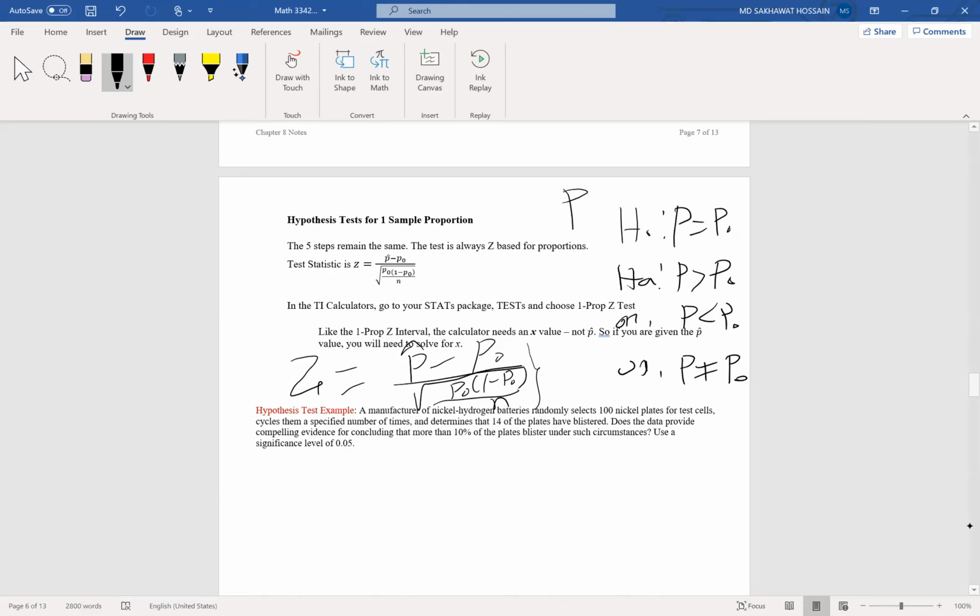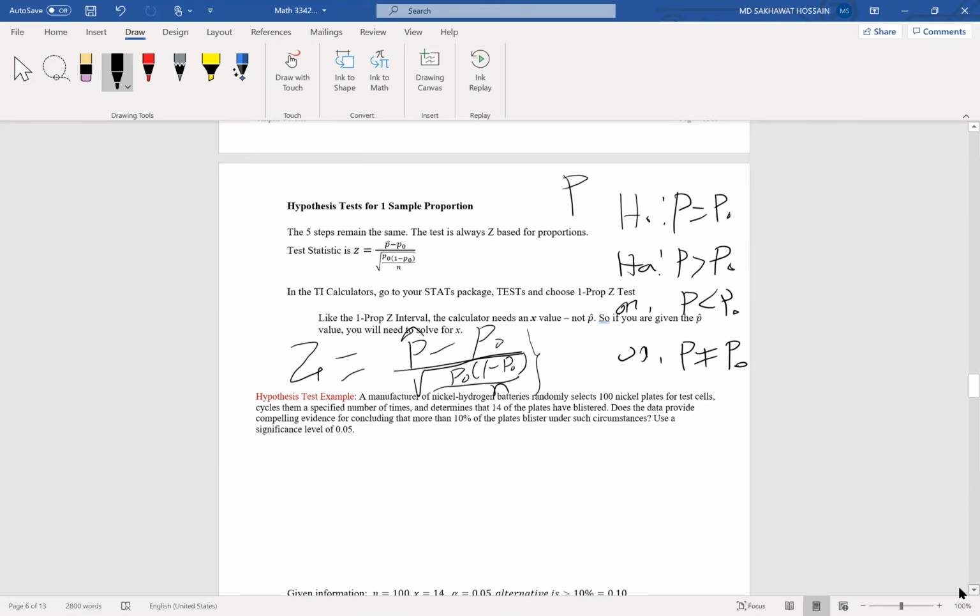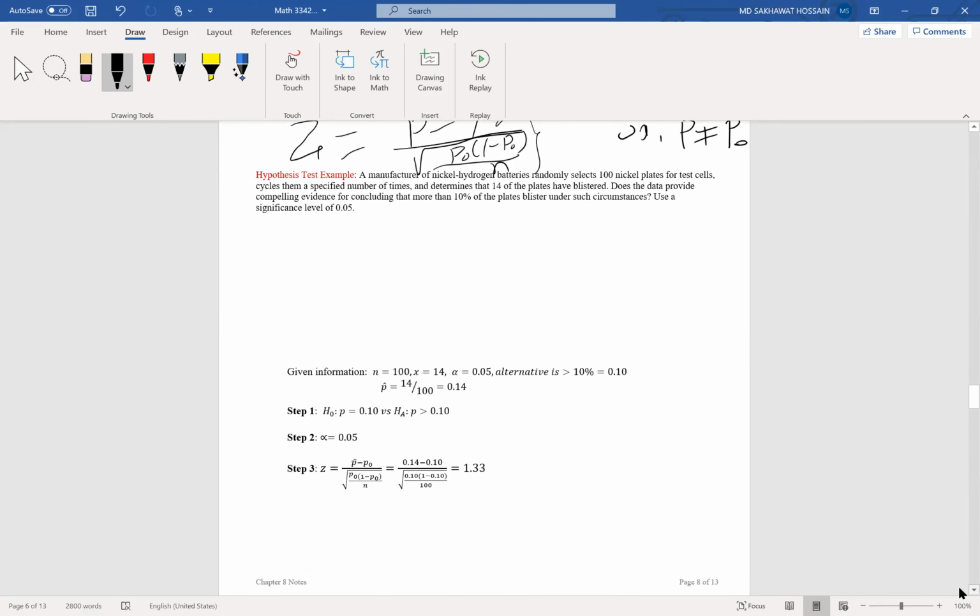Okay, so we have one example for testing the population proportion. A manufacturer of nickel hydrogen batteries randomly selects 100 nickel plates for test cells. So here the sample size is 100. It determines that 14 of the plates have blistered.